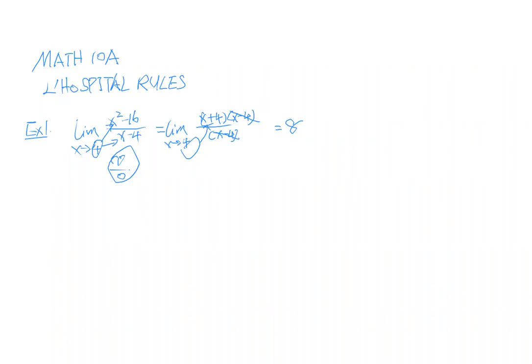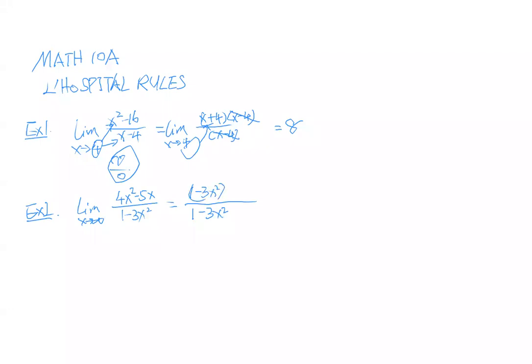Yeah, and then let's consider another example. It's x goes to infinity, and let's say it's (1 minus 3x squared) over (4x squared minus 5x). Remember how to do this? We do this by comparing the denominator and numerator.